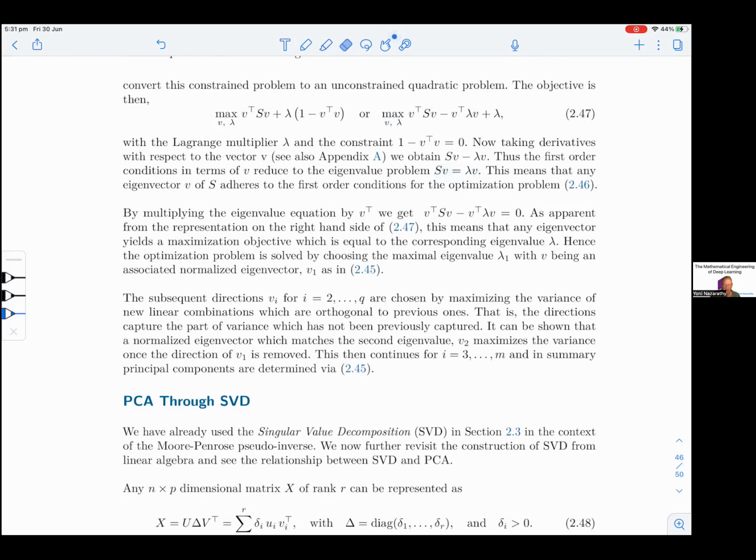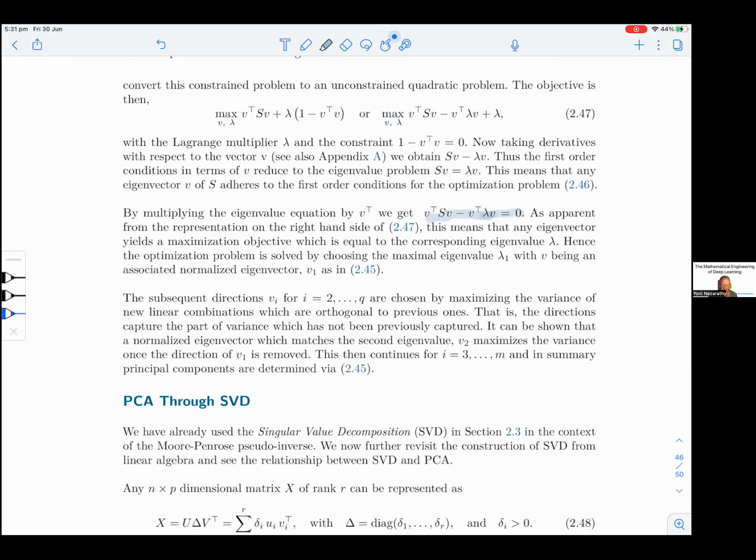By multiplying the eigenvalue equation by V transposed, we get V transposed SV minus V transposed lambda V equals 0. As apparent from the representation on the right-hand side of 247, this means that any eigenvector yields a maximization objective which is equal to the corresponding eigenvalue lambda.